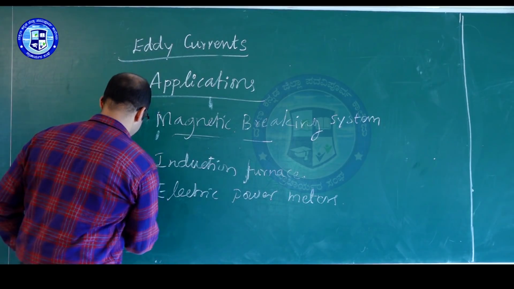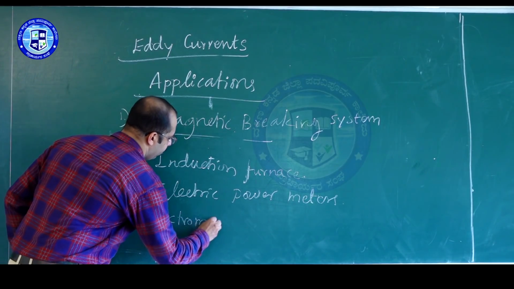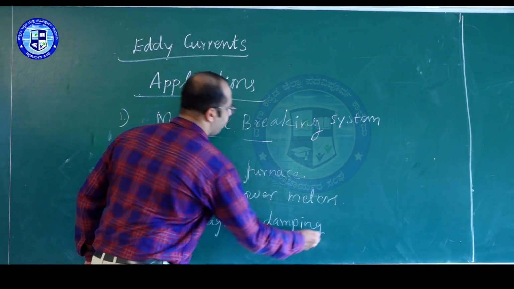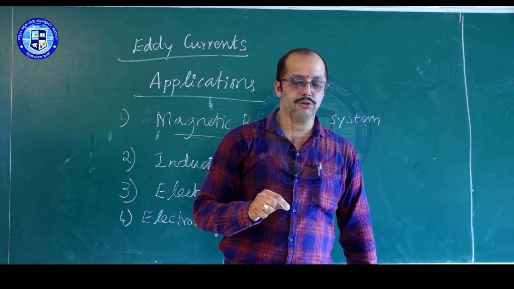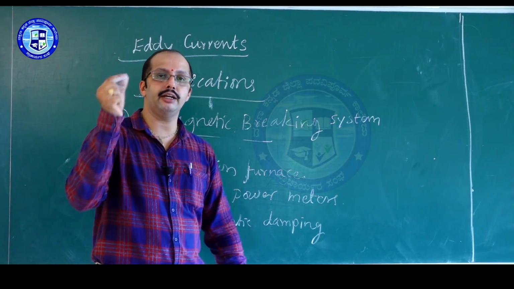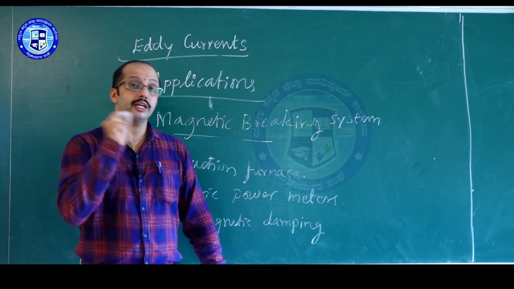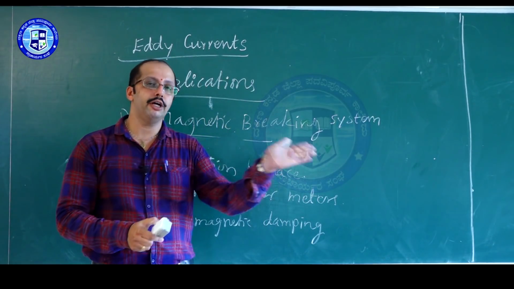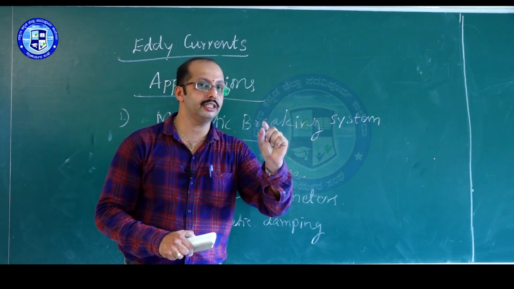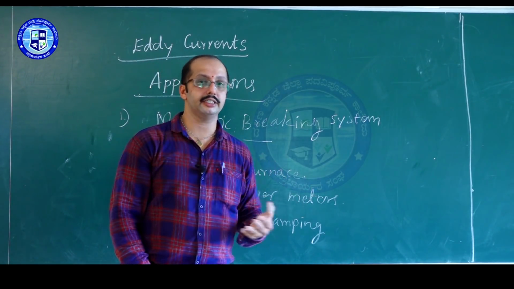Another one is electromagnetic damping. In the case of certain galvanometers, the deadbeat galvanometer is also considered. In some galvanometers, the central core region is made of some non-metallic material. When the galvanometer is operated, the pointer shows deflection, and due to the eddy currents developed in the core region material, the pointer comes back to its original position, and damping occurs.